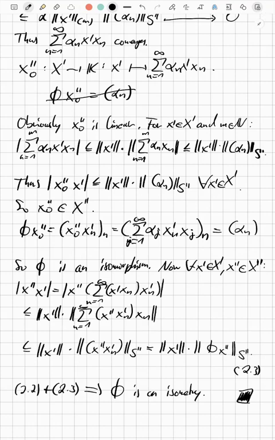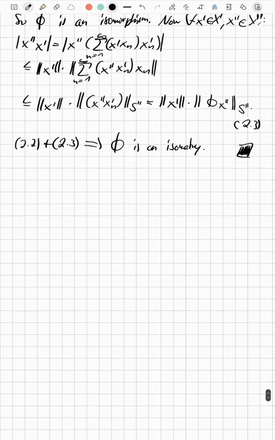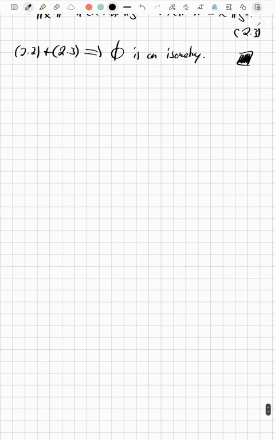That's everything that we need. So in the next video, we can finally start talking about our beloved James space. So we have our space X. We have also our space X dash and our space X double-dash, so dual space and double dual space. And we identify them in the following way.